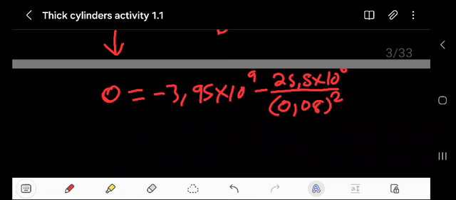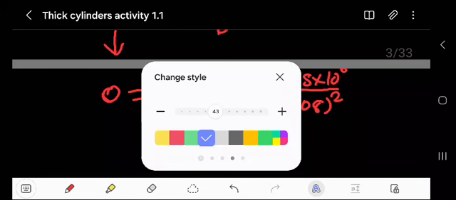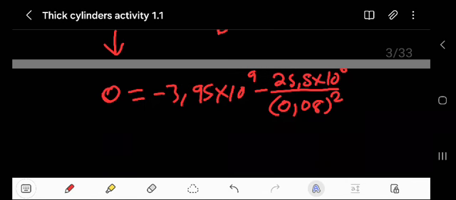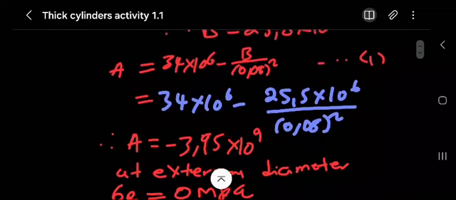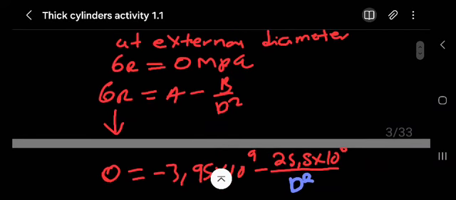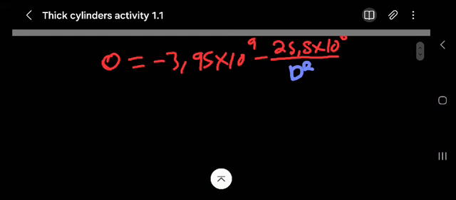Then, what did I do? Oh, sorry. You remember the external diameter we don't know. This will be d squared. It's fine. Remember, this is the external diameter. We don't know the diameter.